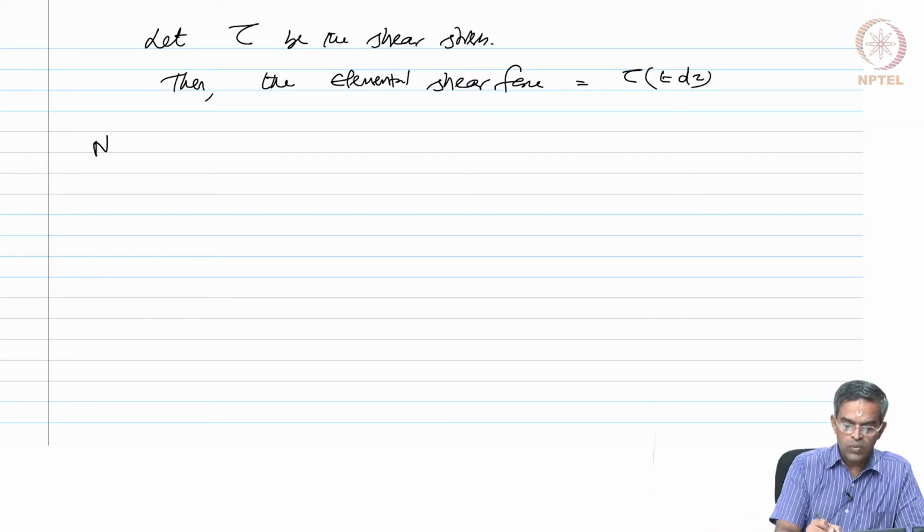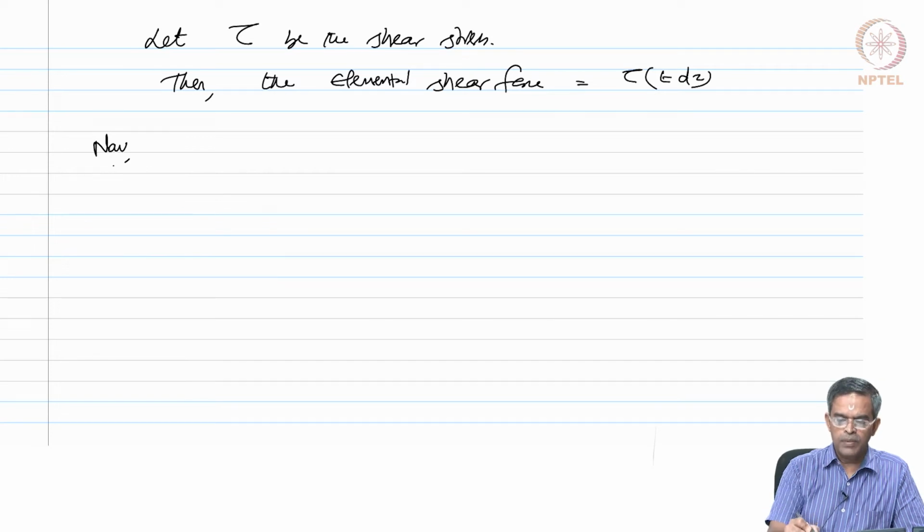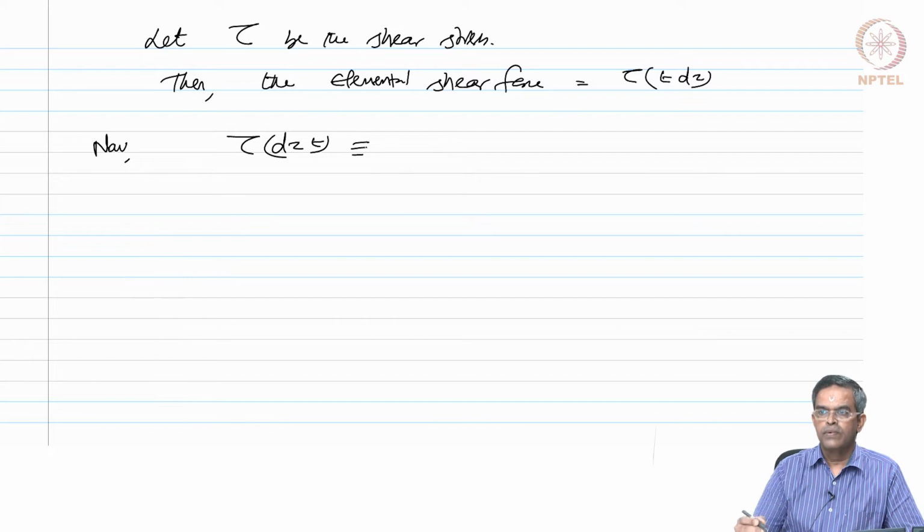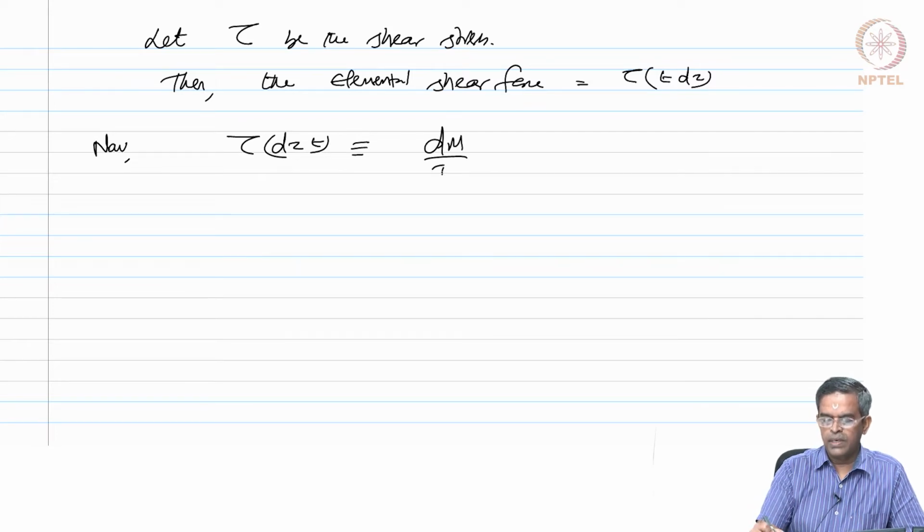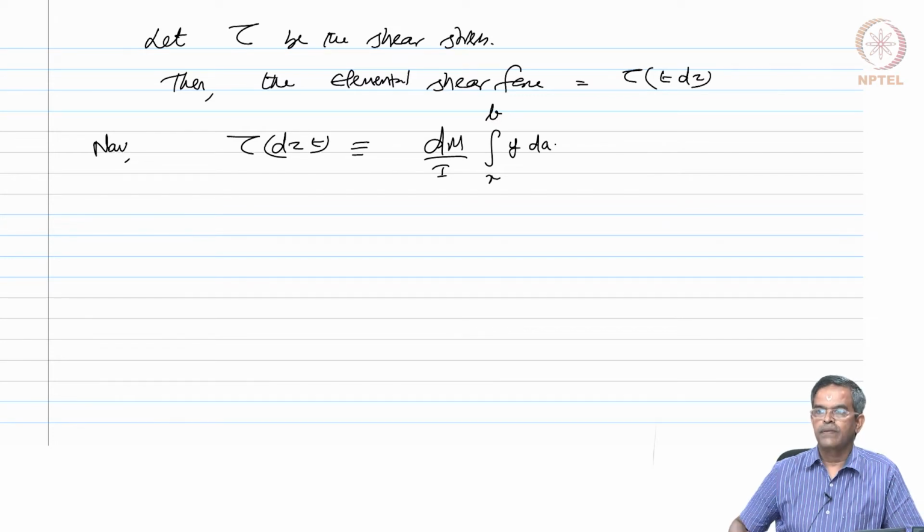So now for equilibrium, this should be equated to dM by I integral x to b y dA.